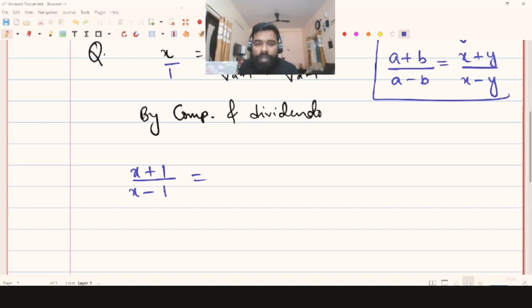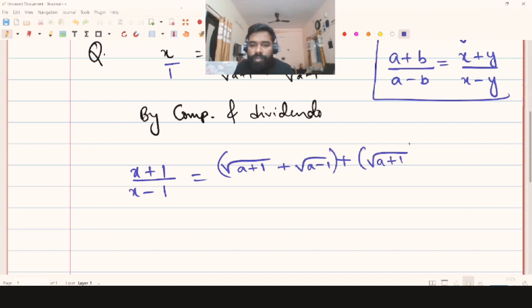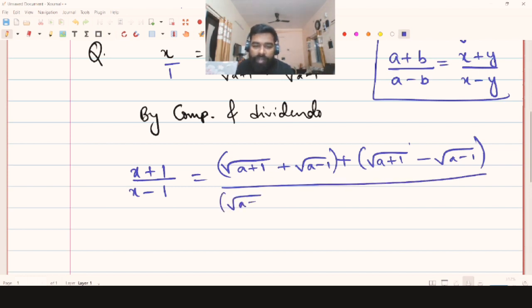Here the numerator part is actually x and the denominator part is y. So again we need to take x plus y and x minus y. I'll write x, this is the numerator, and then plus the denominator, and similarly I'll write the same, but the sign in between will be negative.